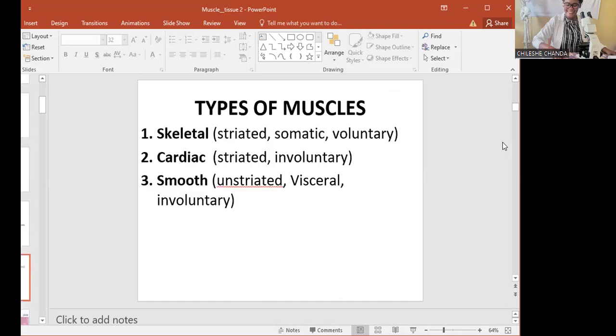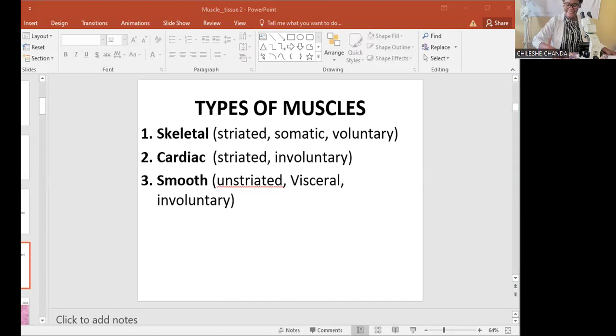Now, when you are talking about the types of muscles, this brings us to three broad classifications. So 1, we are talking about skeletal muscle. 2, cardiac muscle. 3, smooth muscle.